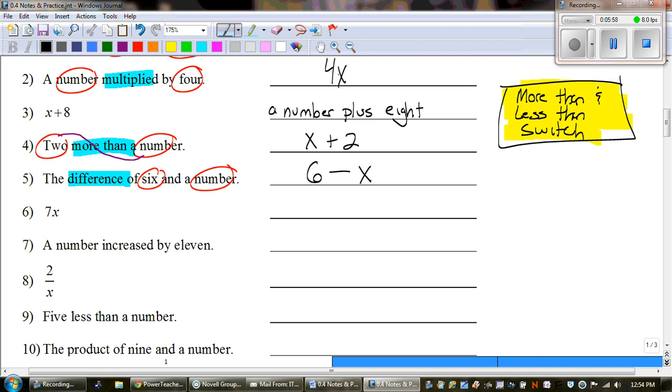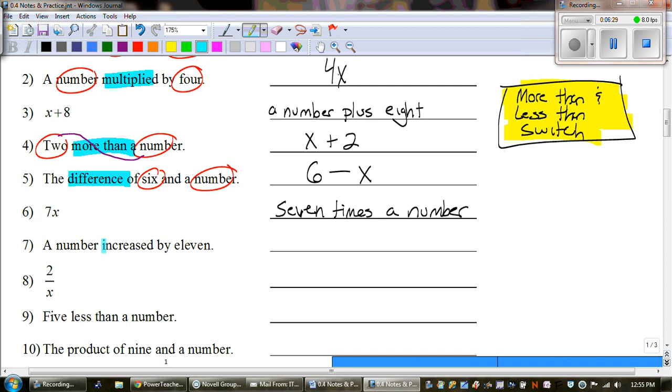And guys, there's multiple ways you could write this. The one right off the top of my head is 7 times a number. You could say the product of 7 and a number as well. There are other ways that you could say it.